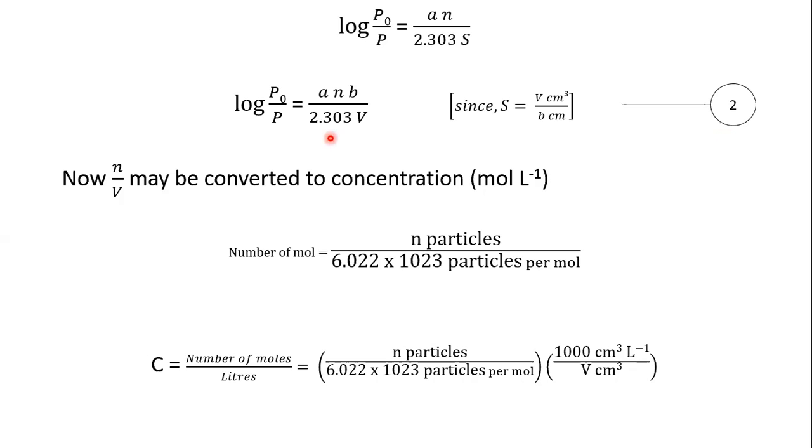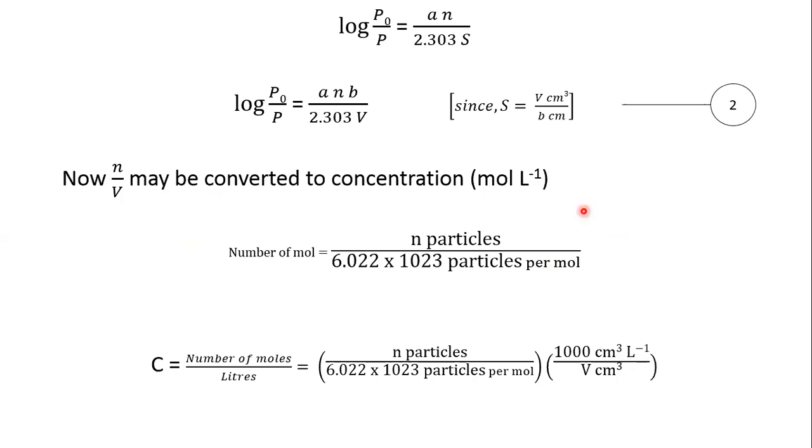Now in this equation, n is the number of particles per unit volume. So this is like a concentration term, and it is mainly converted to mole per liter. For this conversion we need the Avogadro number correction. The number of moles can be represented as N divided by 6.022 into 10 raised to power 23 particles per mole.